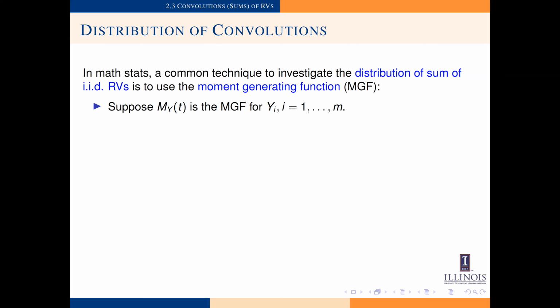Suppose that the IID yi's, i from 1 to m, follow some distribution fy, and we use My of t to denote the moment generating function of each of these yi's. By definition, My of t is equal to the expectation of e to the ty.